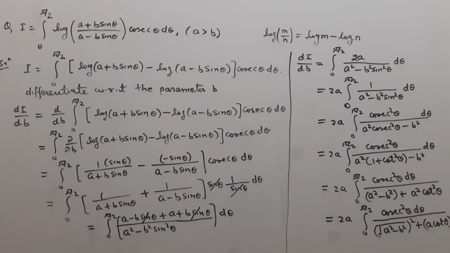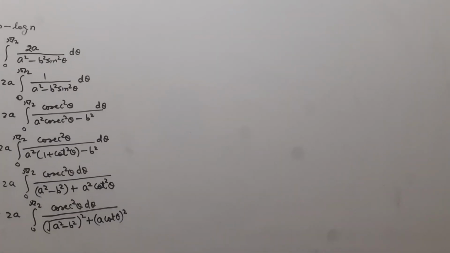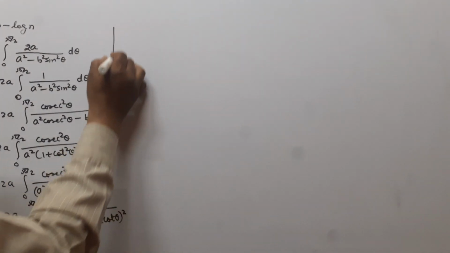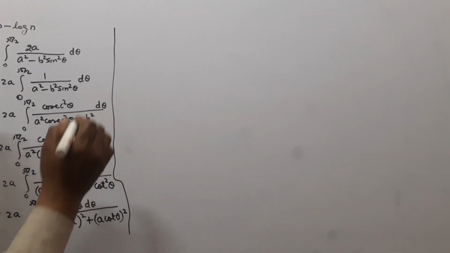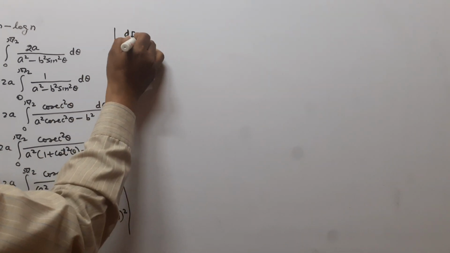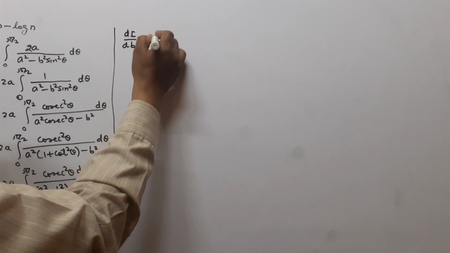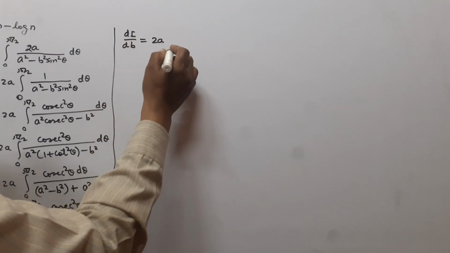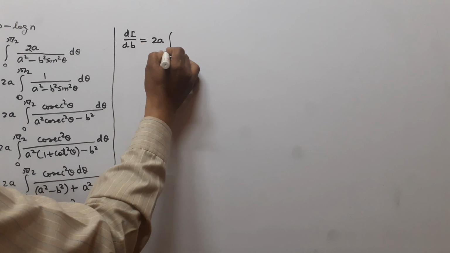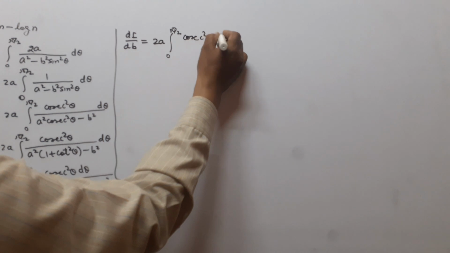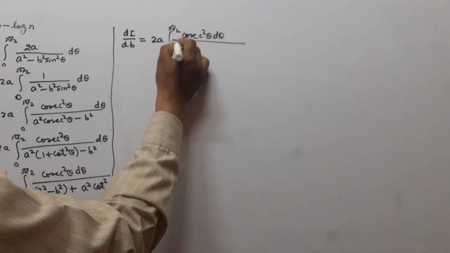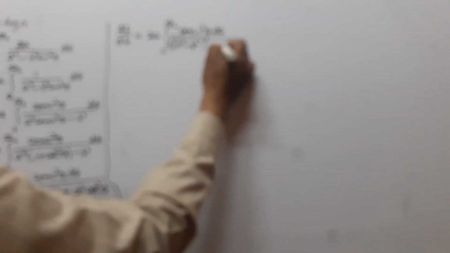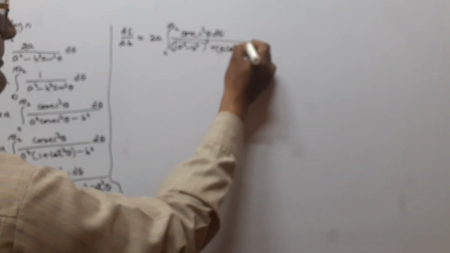Now we use here substitution, method of substitution, and integrate this. So di upon db is equal to 2a here, and this is 0 to pi by 2 cosec square theta d theta divided by under root a square minus b square whole square plus a cot theta whole square.